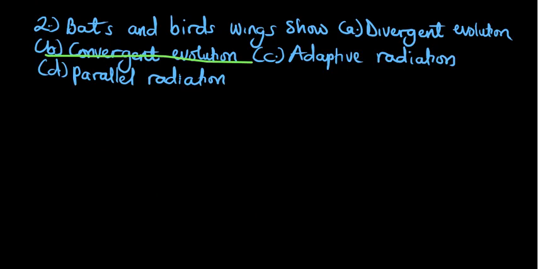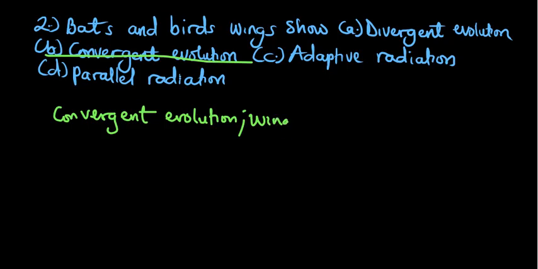Examples of structures showing convergent evolution are the wings of insects, wings of birds, and that of bats. Those are the examples of convergent evolution. So our answer here is option B. Let's move to the next question.